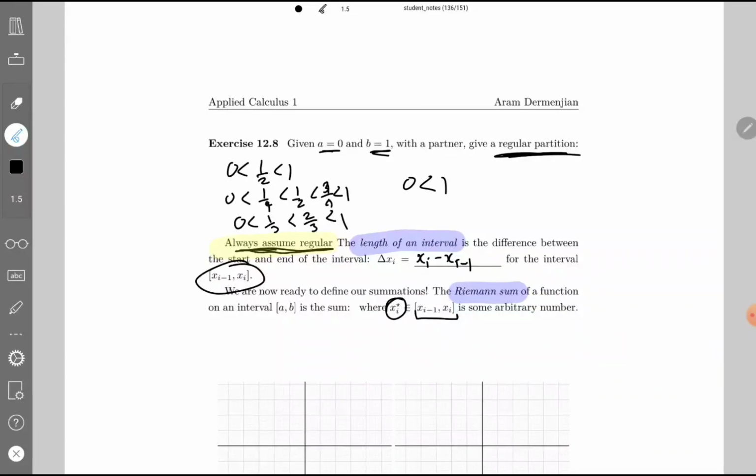We define our summation as the sum from i equals 1 to n of f of xi star times delta xi. These delta xi, remember, are all the same.